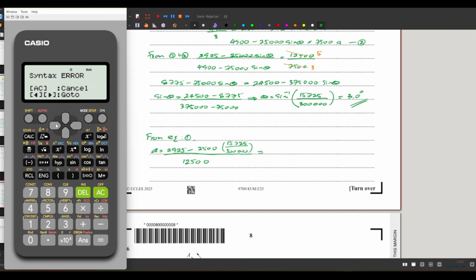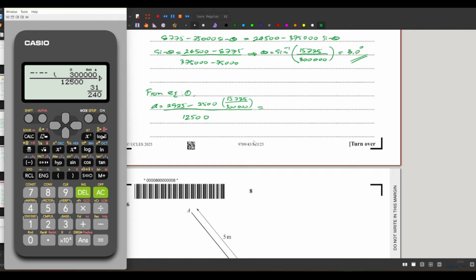So why did I receive here an error? Okay, because here I opened a bracket, and here I closed the bracket at a wrong place. So we delete this one, and here we'll put the bracket here.